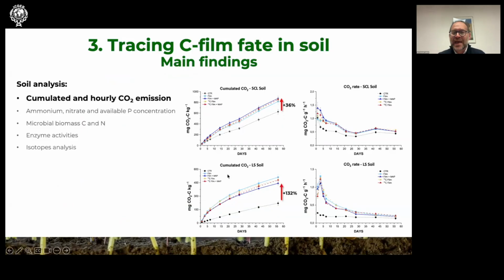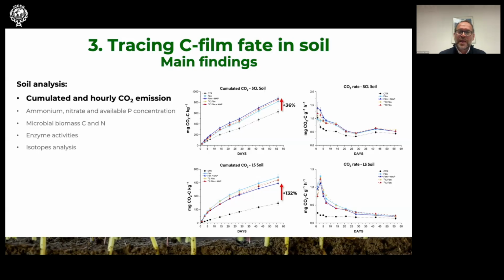In the less fertile soil, the increase of carbon dioxide was very, very high compared to the fertile soil, that means the soil rich in organic carbon. We also observed that the rate of carbon dioxide was the highest in the less fertile soil. This means that soils that are limited in nutrients, and in particular in carbon, respond more strongly than the fertile soil.